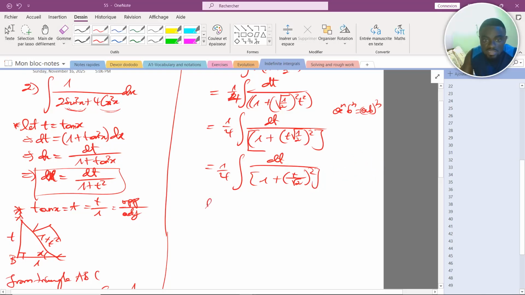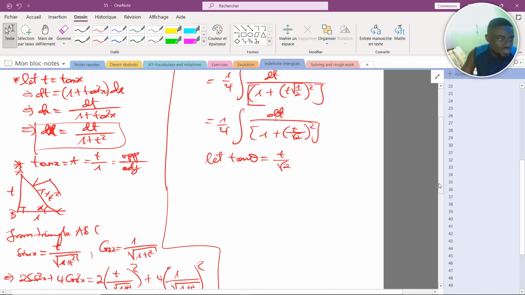So I will let tan theta be equal to t on root 2. You understand? That means wherever I see this, I will replace it by tan theta. Now I need to find dt. To find dt, I need to differentiate this implicitly. When I differentiate this, I'll have 1 plus tan squared theta, which is the derivative of tan theta.